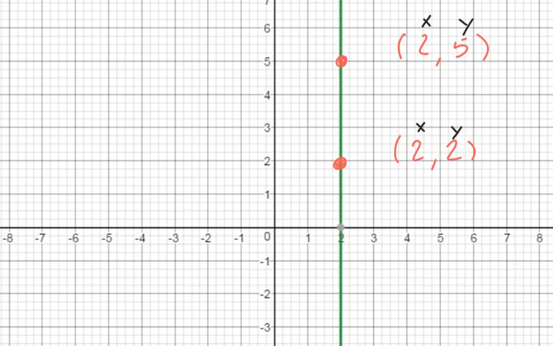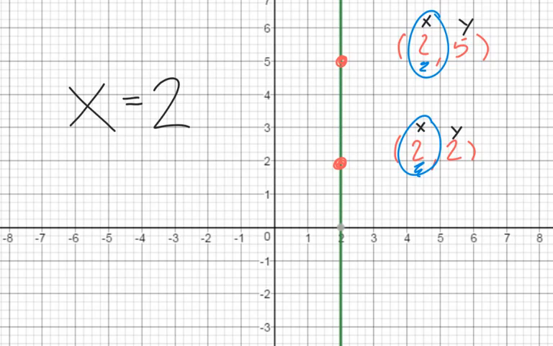So the 2 is the same, and the 2 happens to be the x coordinate. Therefore, the equation of this vertical line is x equals 2, because no matter where you are on the line, x is always going to be equal to 2.